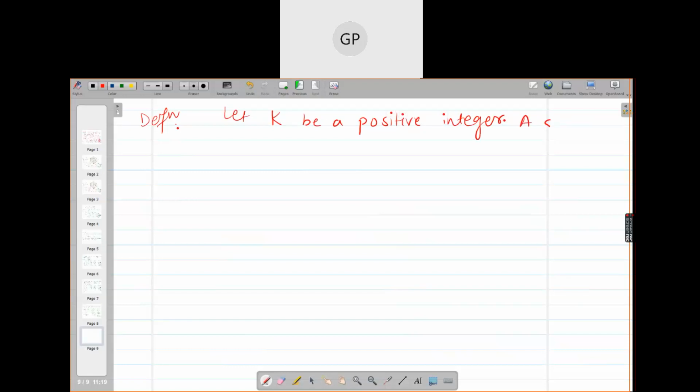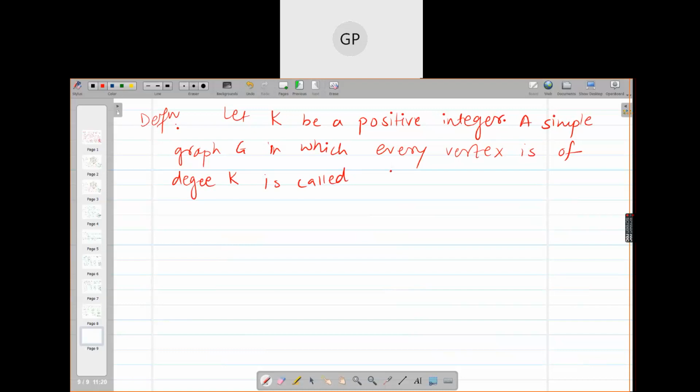A simple graph G, so again we are sticking to the same fact that the graph is simple, a simple graph G in which every vertex is of degree k is called a k-regular graph.